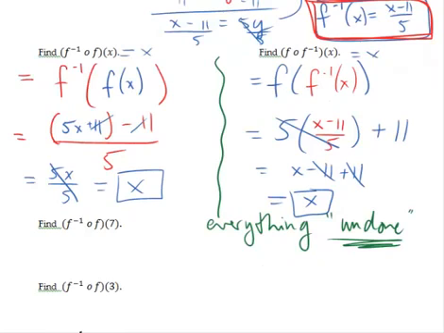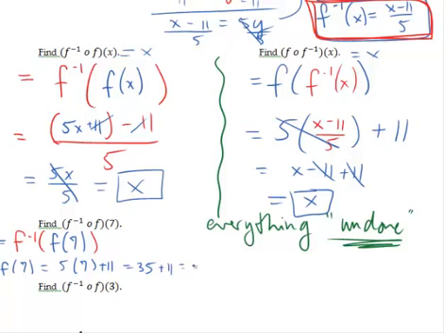So let's do some of these with numbers then. Let's do f inverse of f of 7. So again, this is the outer one, and then inside is the f, and inside of that is the 7. So remember, to do these, we do the inside part first. So f of 7 means that we have 5 times 7 plus 11. 5 times 7 is 35. 35 plus 11 is 46.